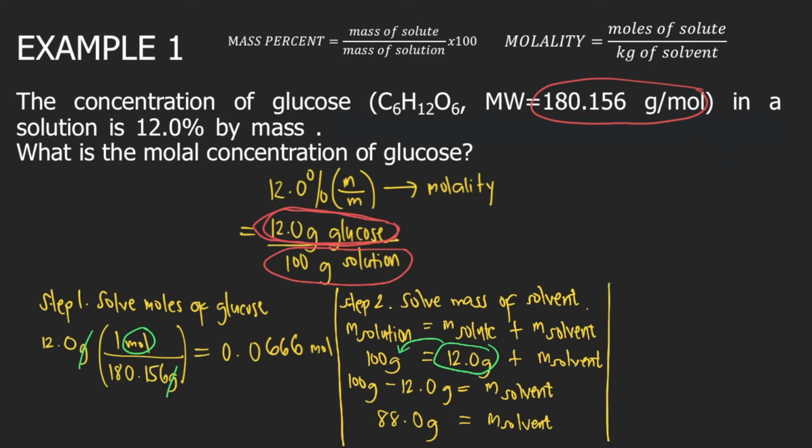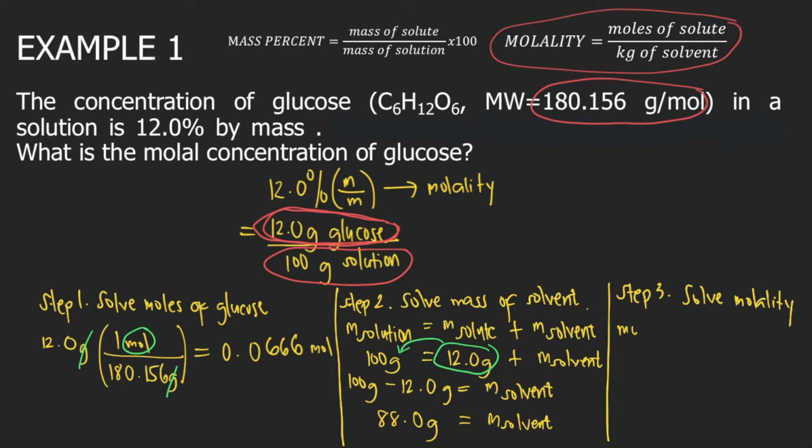Now that you have the mass of solvent, we can do our final step. Step 3 is to solve for molality. So we will be using this formula.